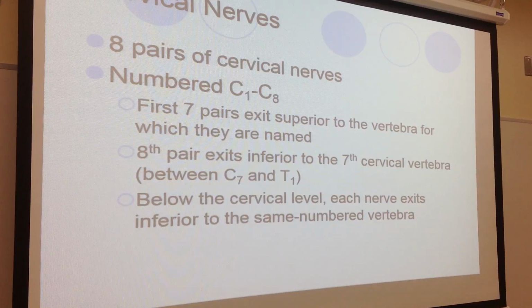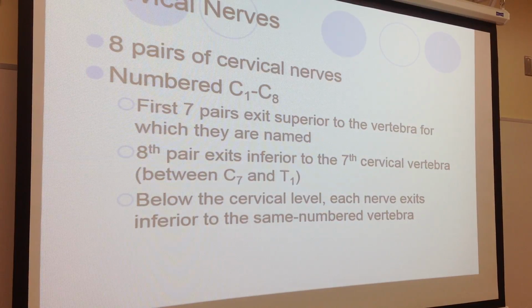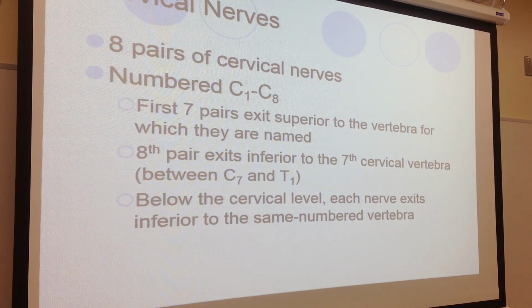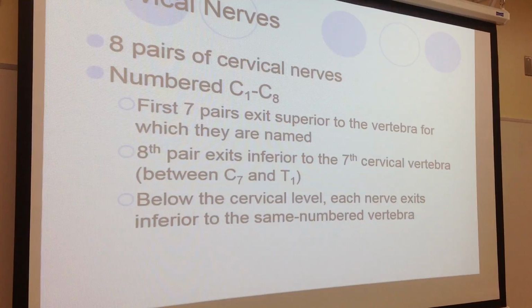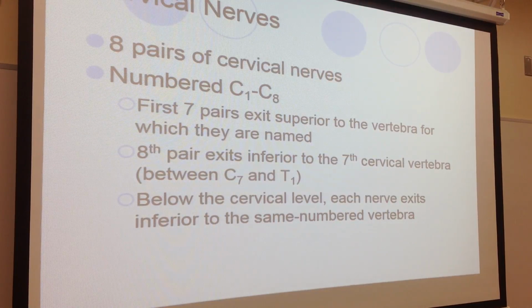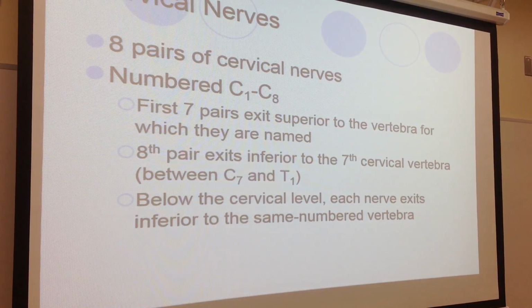C1 through C7 emerge superior to the vertebra for which they are named. So in other words, if it's C1 through C7, they're emerging from the canal above the vertebra for which they are named. All right?